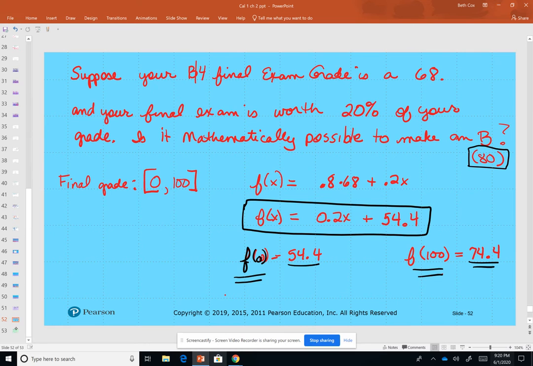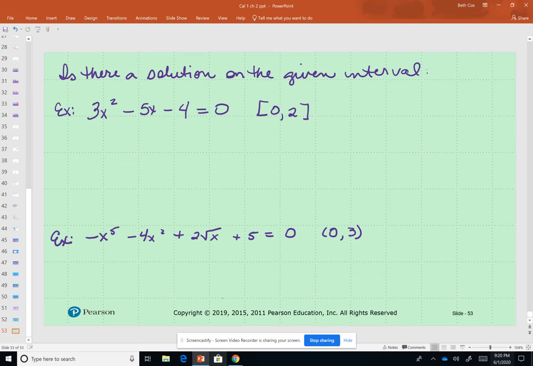Okay. Let's look at some examples here. Is there a solution on the given interval? Okay, so now these are both saying equal to 0. They don't have to say equal to 0. They could say anything. But the question is, is there a number between 0 and 2 that I can plug in here that's going to give me 0? So what we're going to do is we're going to plug in 0 and we're going to plug in 2. I'll plug in 0 and I get 0 minus 0 minus 4. I get negative 4.